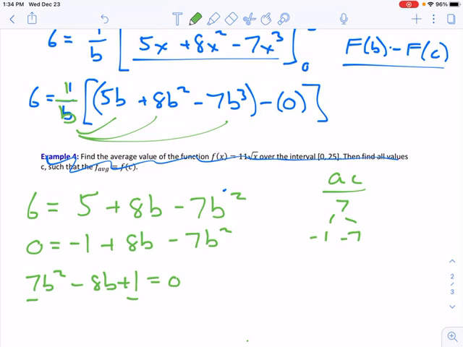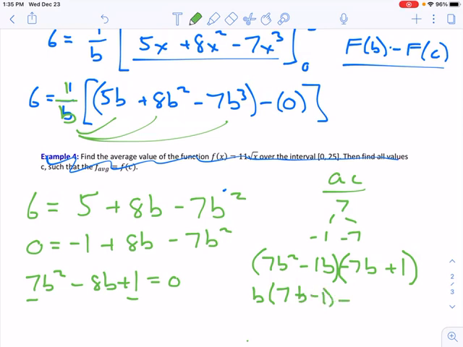So I'm going to replace the 8b with minus b minus 7b, plus 1. And now I'm going to group, doing grouping. And that third term is a negative, so I like to include that negative sign in the parentheses. Factoring out a b, we have 7b minus 1.